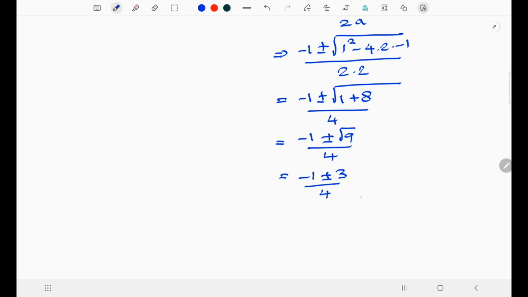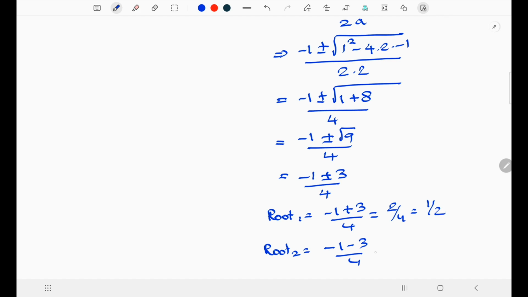So what is our first root? Root 1 equals minus 1 plus 3 by 4, and root 2 is minus 1 minus 3 by 4. What is this one? 2 by 4, which equals 1 by 2, and this one minus 4 by 4 equals minus 1.